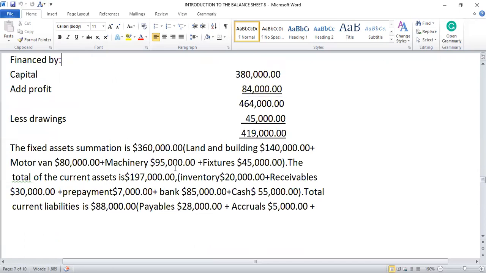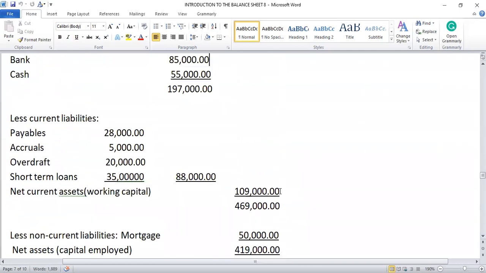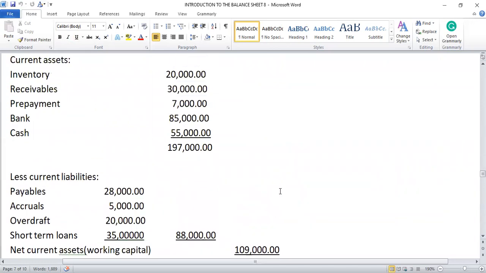So that's it. The total of the current assets is $197,000. How do we arrive at it? Inventory, $20,000 plus receivables, $30,000 plus prepayment, $7,000 plus bank, $85,000 plus cash, $55,000. So this figure is the current assets, $197,000.